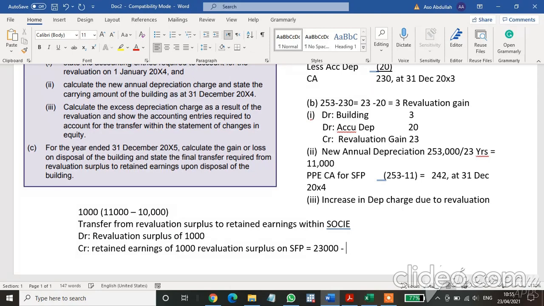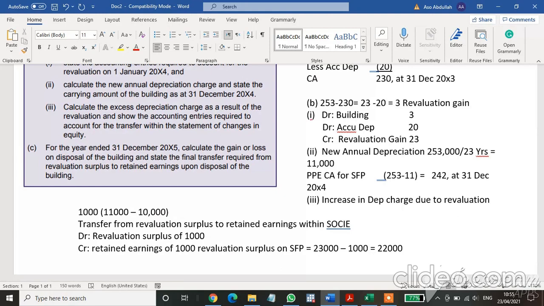Then after that we revalued again for 245,000, and we made 1,000 pounds as a gain, so that gives us 22,000.